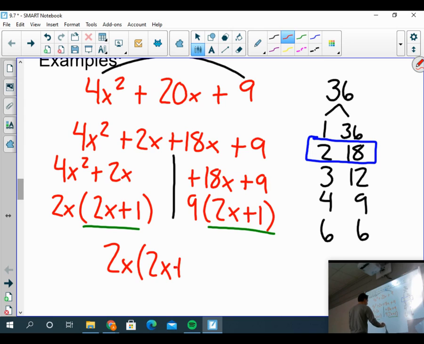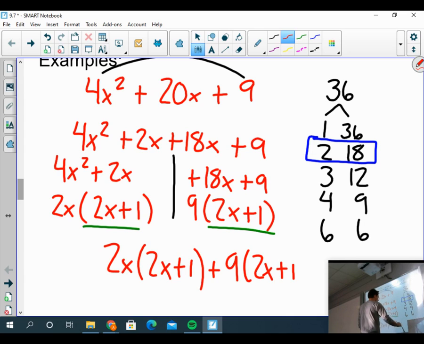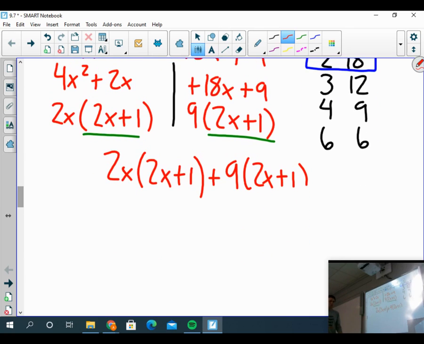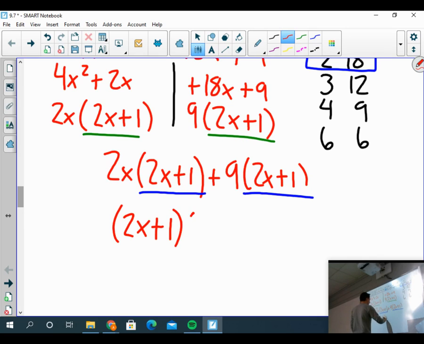And I'm not rushing, but I'm moving through this fairly quickly because we've seen a lot of these in 9.6. Which again, if you need extra practice with, there is extra practice on Schoology under week 15 with an answer key built in. So you can have a look at that. Last step, both of these terms have a 2x plus 1 in common, so I factor that out in front. Which leaves me with 2x plus 1 times 2x plus 9.